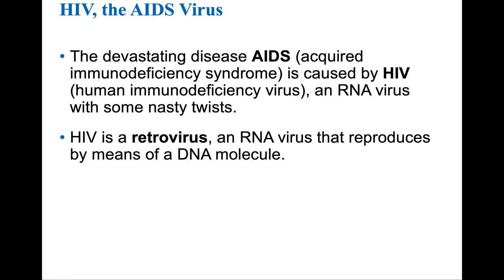And it's often called a retrovirus because it actually takes the RNA into the DNA. So it's a little weird, and here's how it operates. The RNA goes into the host, puts itself into the DNA of the host, then it brings it back out as RNA again. That's why it's called a retrovirus. Okay, next slide.